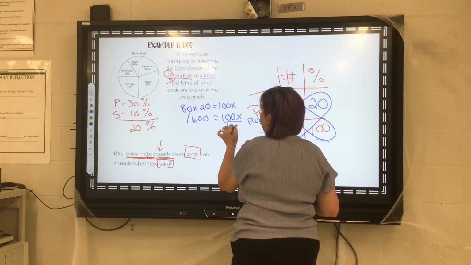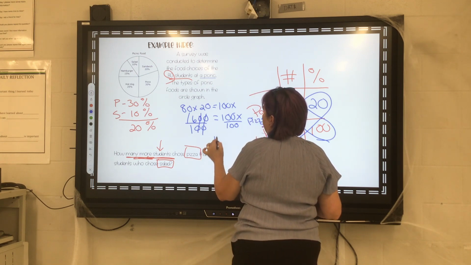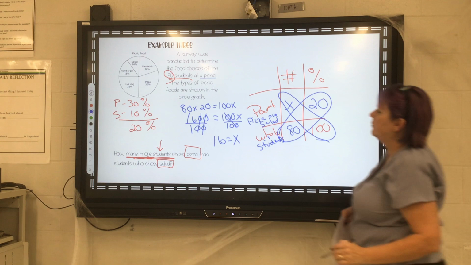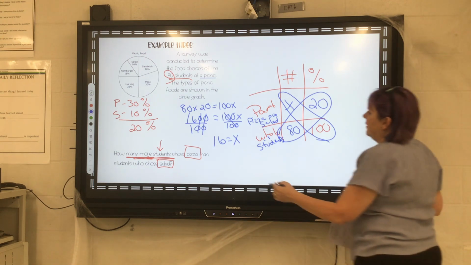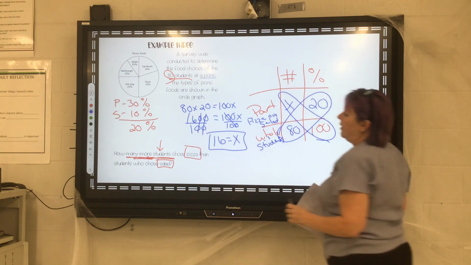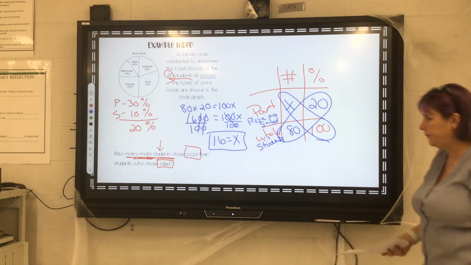We're dividing by 100, so we get 16 equals x. So 16 more students picked pizza over salad.